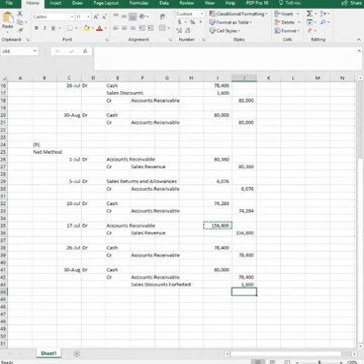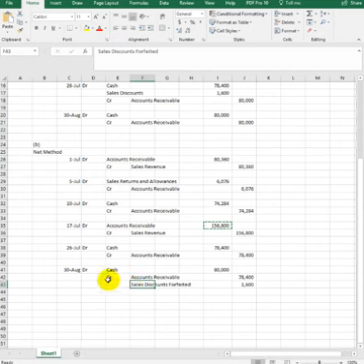There's a little note that you'll see in the solution file that says we could have actually made this entry to recognize that the sales discount had been forfeited and adjusted the accounts receivable on the 28th of July, because at that point it was 11 days.